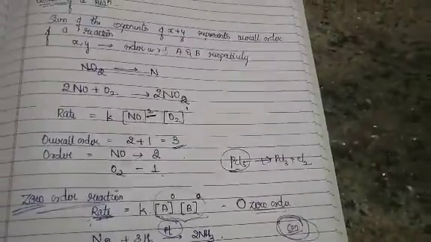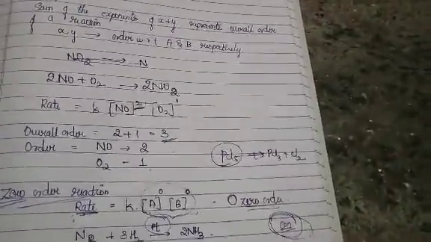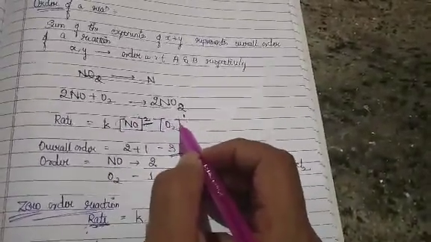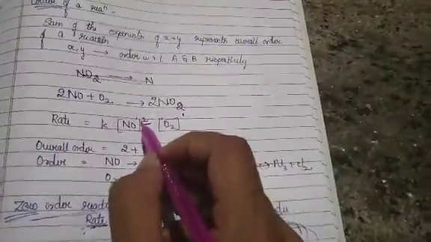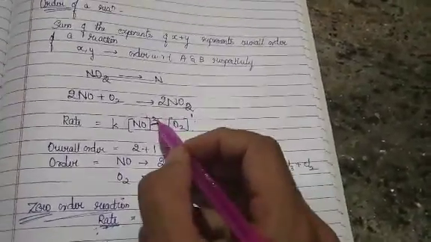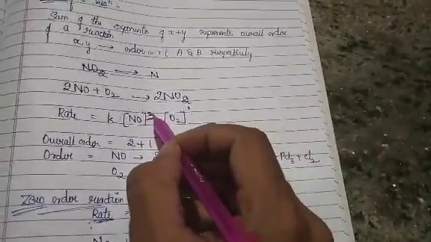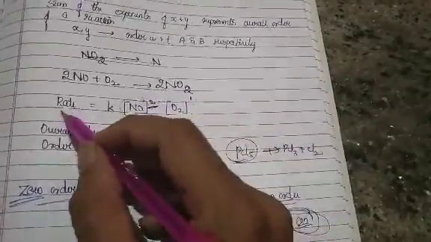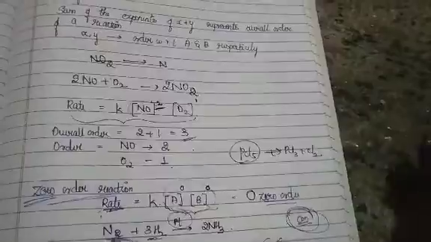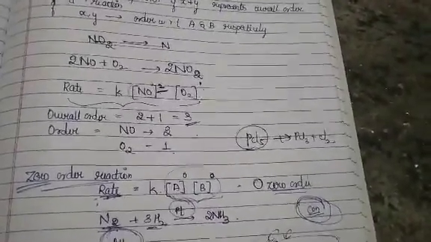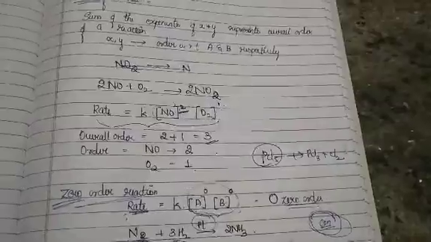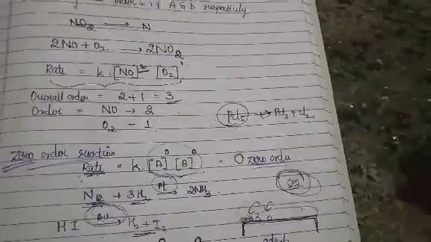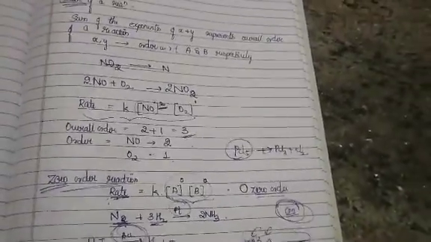In simple words, the sum of the powers of the concentration terms of the reactants in the rate expression or rate law expression is called the order of a reaction. In this, we have understood what a zero order reaction and a first order reaction are.